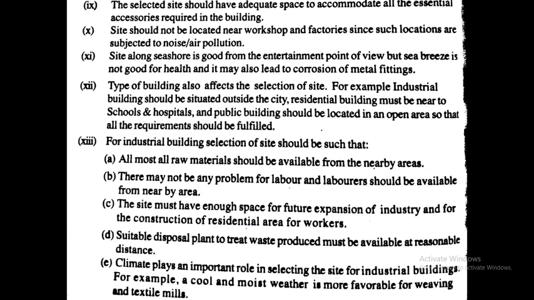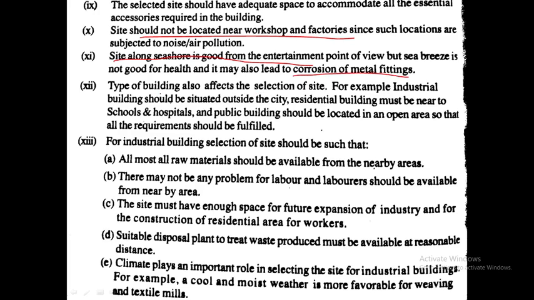Then the selected site should have adequate space to accommodate all the essential accessories required in the building. Site should not be located near workshops and factories, since such locations are subjected to noise or air pollution. Then a site along the seashore is good from the entertainment point of view, but sea breeze is not good for health and it may also lead to corrosion of metal fittings.